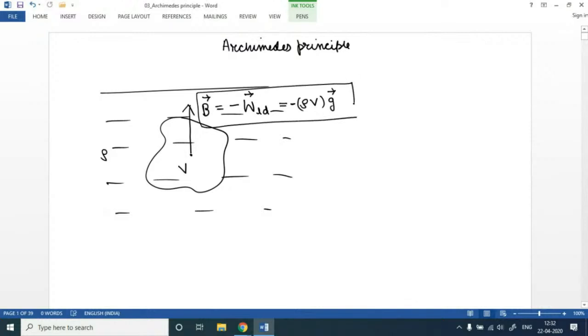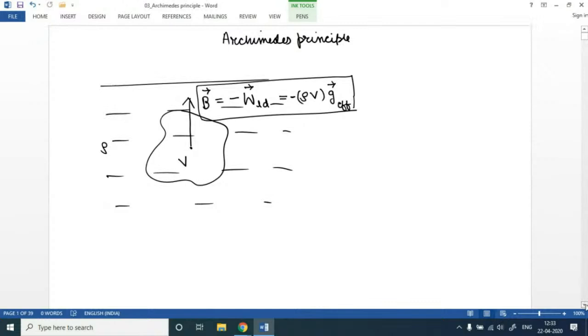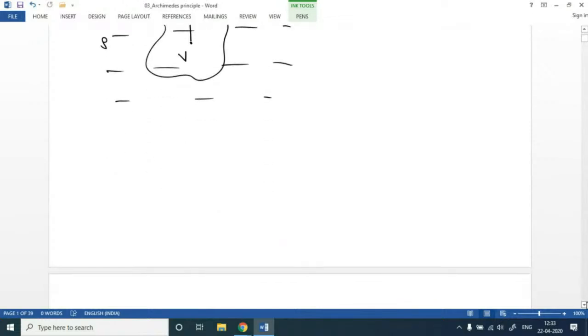In yesterday's class I also mentioned that if the frame or the container in which all this is kept is accelerated, then in place of g we will be using g effective. Let's try to demonstrate this fact with the help of one example.